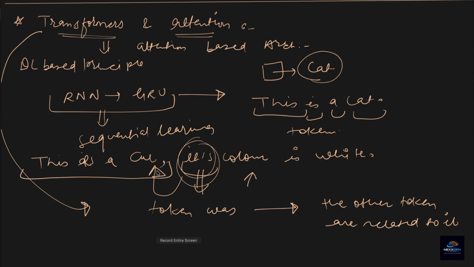So the tokens are internally relating to each other by giving some attention to each other at the same time. That's why we are using transformer based architectures, and these are better than the previous architectures we have used.